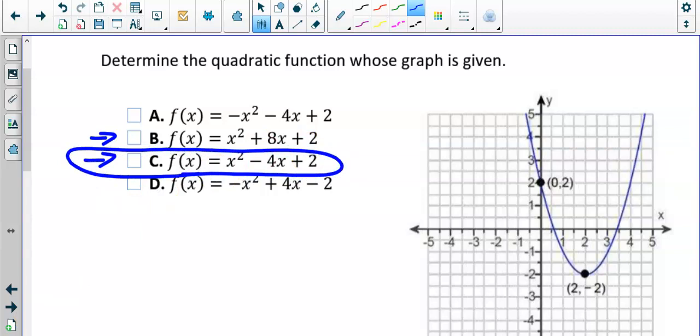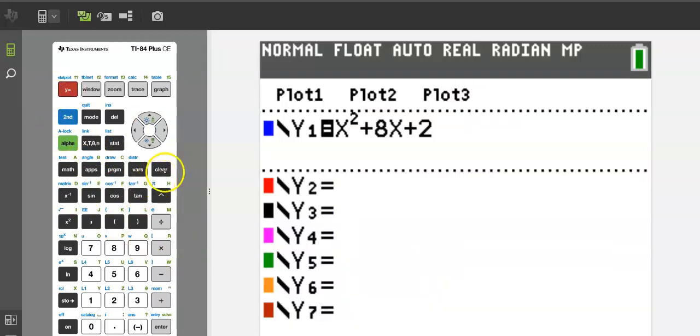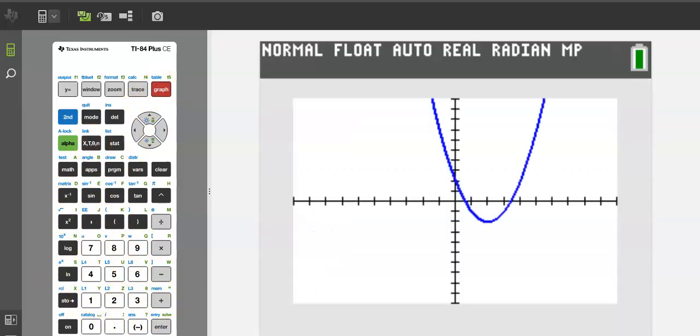So let's go in and let's plug in x squared minus 4x plus 2. Okay? X squared minus 4x plus 2. Yeah, that looks like it. Okay? So right there, you just use a graphing calculator and get your answer.